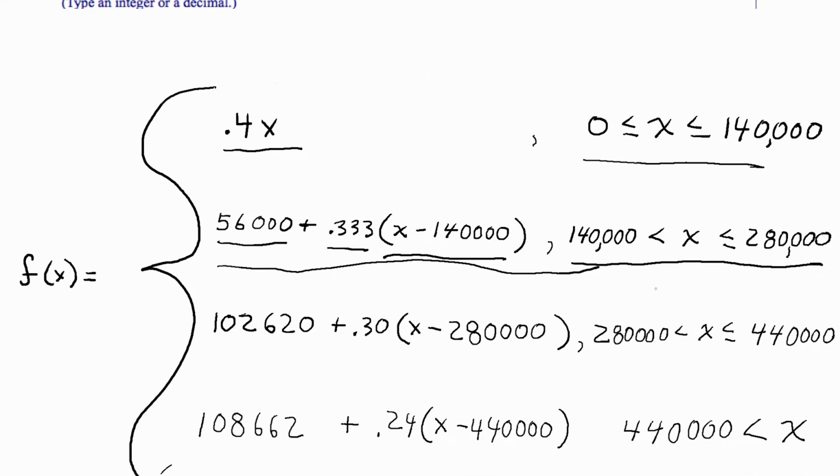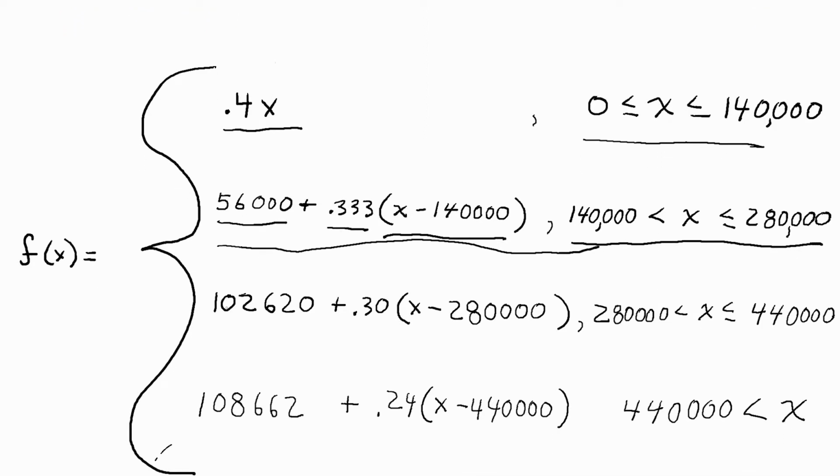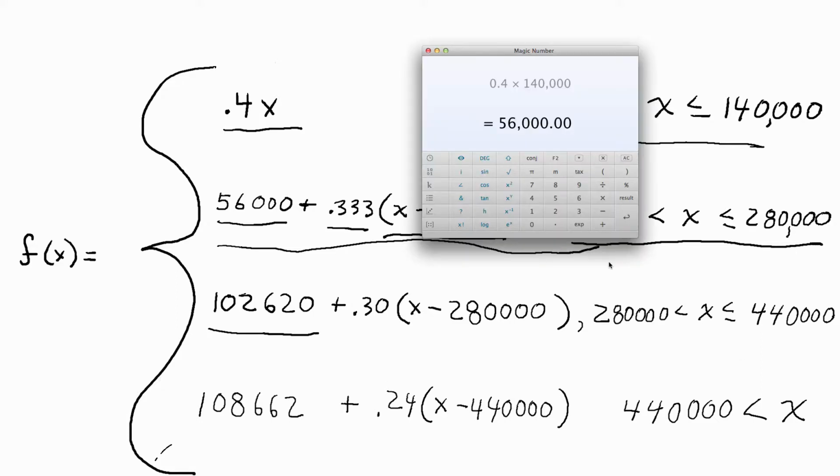Moving along, you do the same sort of thing, and to get this, the attorney fees, what you would do is you take your first 56,000, and then what you need to do is calculate 33.33% of the next 140,000.